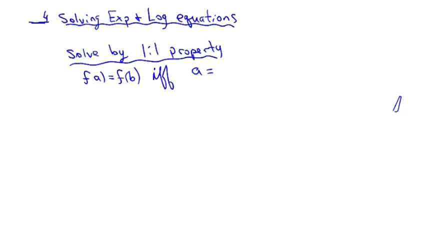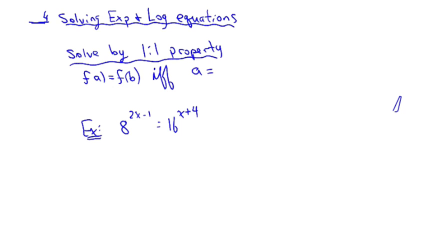So if I have something like 8 to the 2x minus 1 is equal to 16 to the x plus 4, can you solve this? Well, if I'm going to use the one-to-one property, I have to make sure that the functions are exactly the same. Right now, the functions are different. This one's a base of 8, and this one is a base of 16.